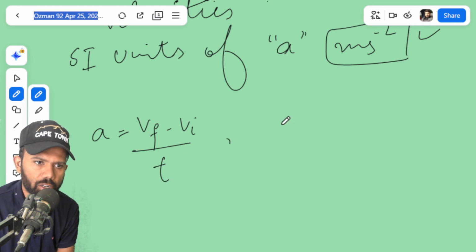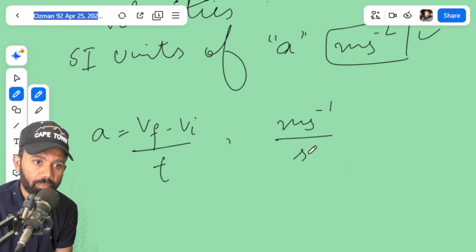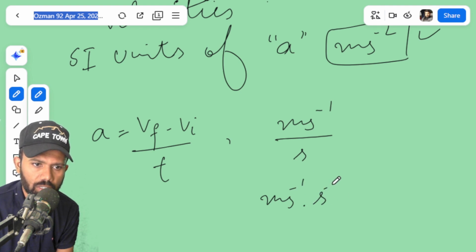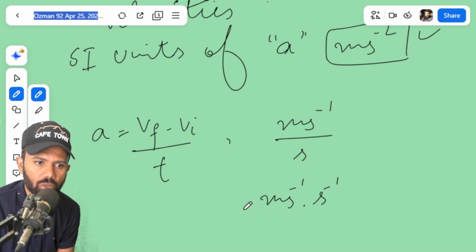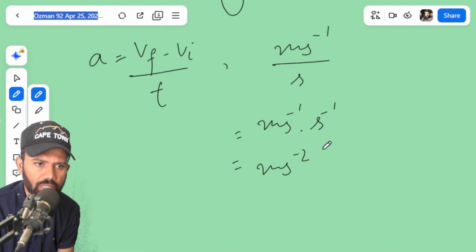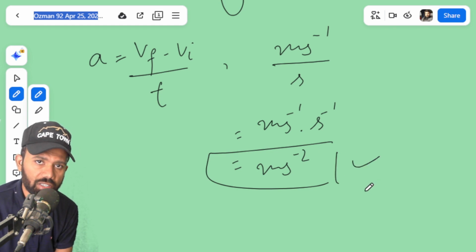In the numerator we have meter per second, which is the SI unit of velocity, and in the denominator we have second, right? When it goes up to the other side, it becomes meter per second into per second, so it becomes meter per second square, which is the SI unit of acceleration.